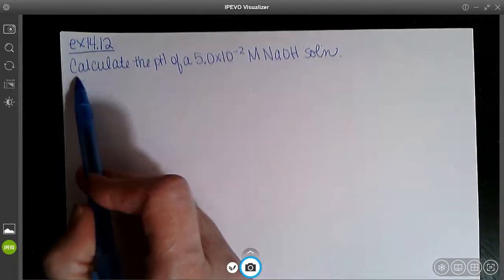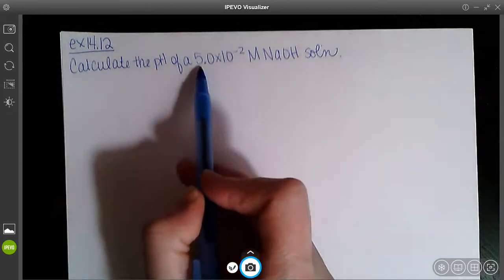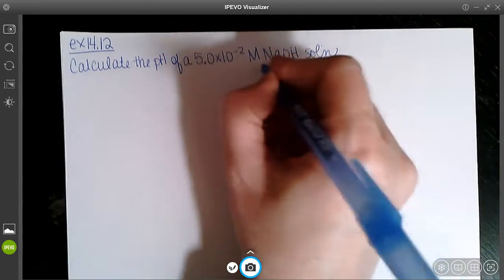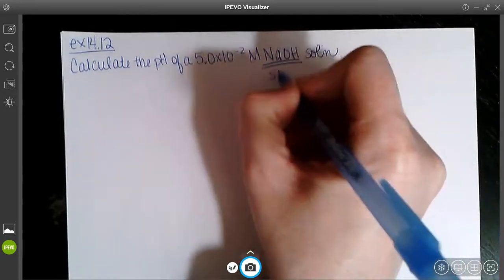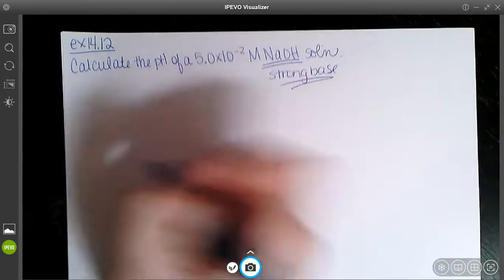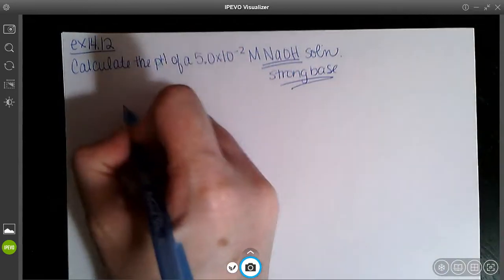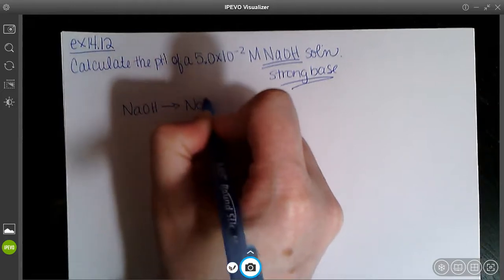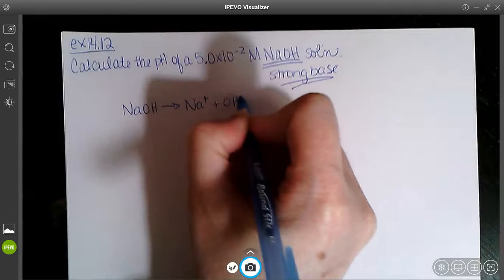All right, so this is saying calculate the pH of a 5.0 times 10 to the negative second molarity NaOH solution. So as soon as I see this, I'm like, oh, what's up, strong base? So I know that NaOH, I just wrote this out, but I'll write it again.